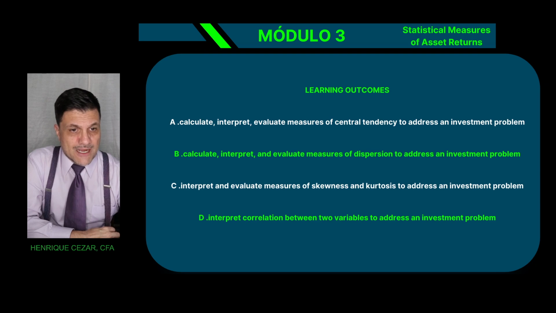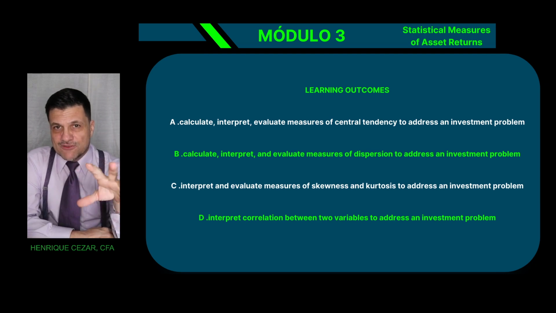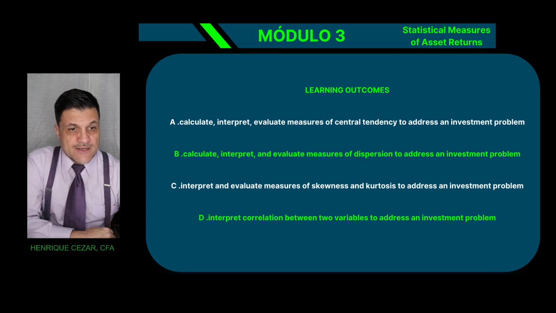All right, third one: interpret and evaluate measures of skewness and kurtosis. Now, don't worry about memorizing the formula of skewness and kurtosis. That's out of scope here. But understanding the problems of skewness and kurtosis is important. Take a look again.